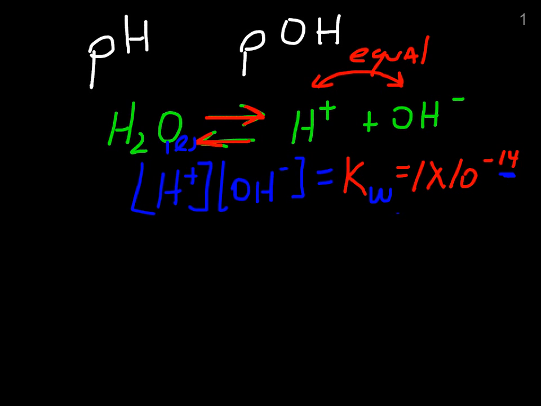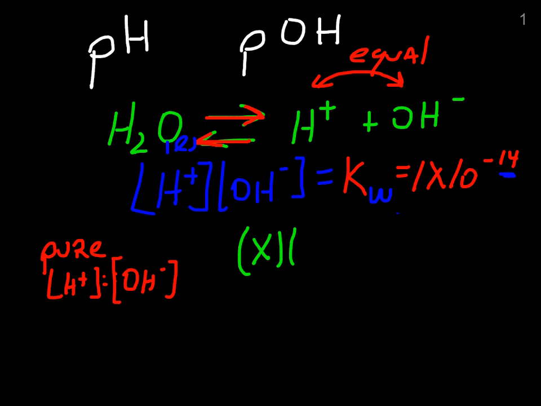So I'm going to look at a sample of pure water. If it's pure water, I know that the hydrogen ion concentration will equal the hydroxide ion concentration, because those are both coming from one water molecule, so they have to be equal. Since these are equal, I can set them both to x, solving this mass action expression.